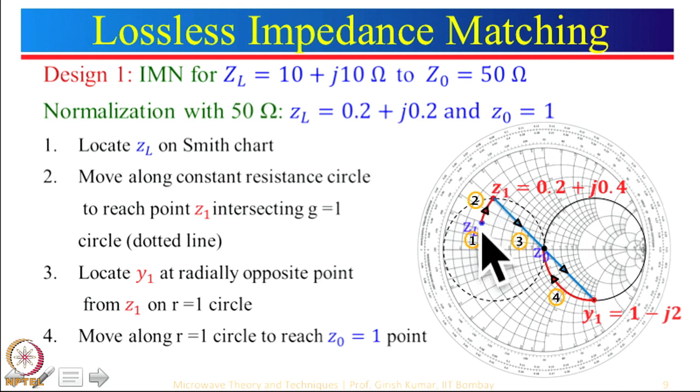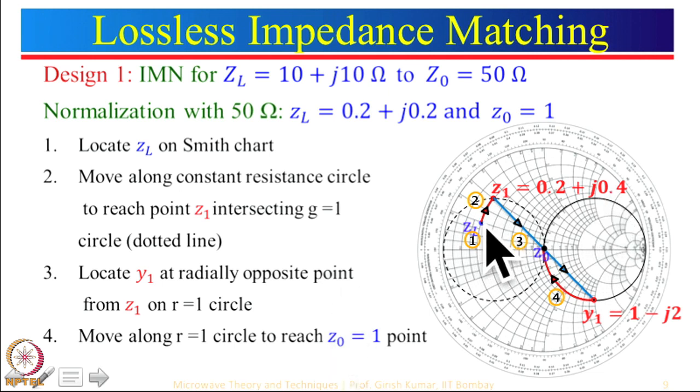So, you move from here up to a point where this dotted line is, stop at this particular point, and designate it as Z1. For this Z1, the real part has to be exactly the same as the previous real value. If you are getting a different value, that means you have made a mistake: you have not moved along the constant resistance circle.